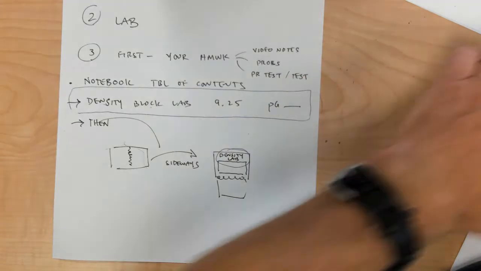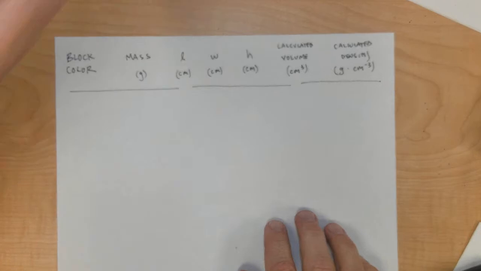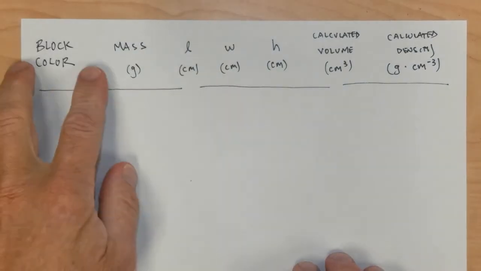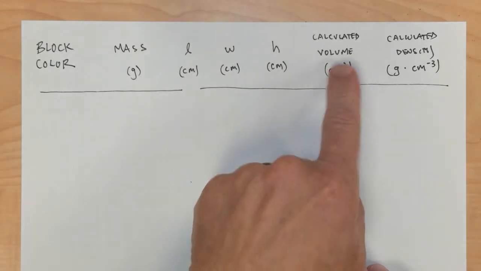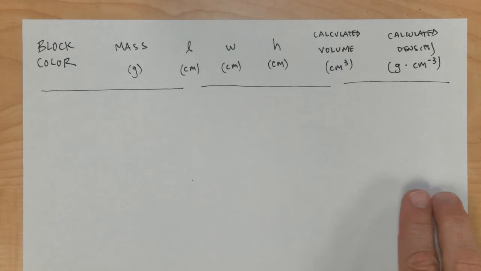So here's what the data table should look like. You should have about 8 different columns: one for block color, one for mass, one for length, one for width, one for height, one for calculated volume, and then calculated density right here.